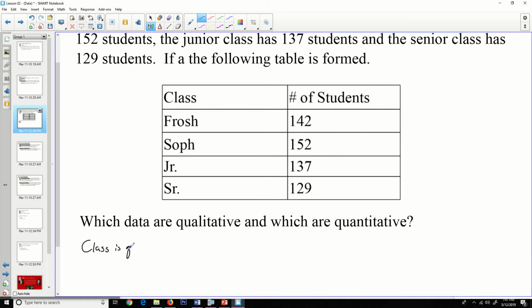As a solution, the class is qualitative, as it labels the classes, L-A-B-E-L, but does not contain numerical data.